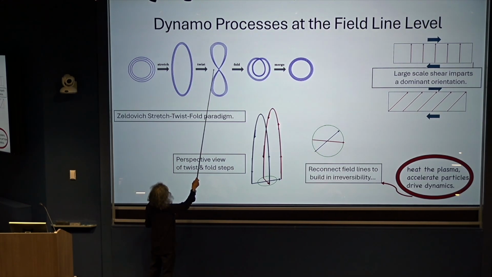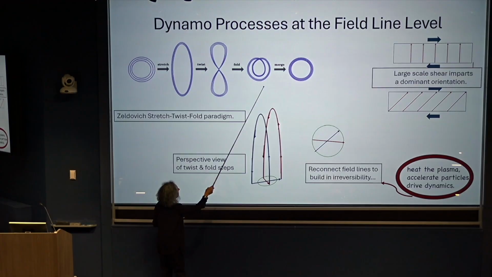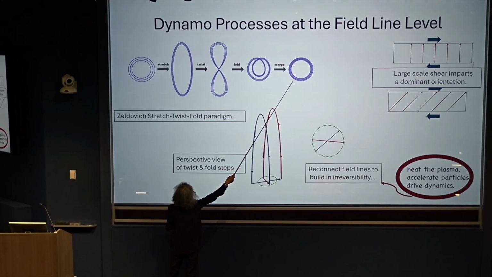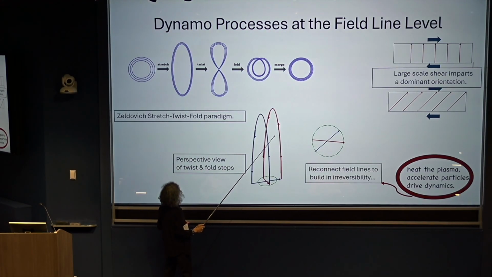Then we take the twisted loops and we fold them over each other. And then there has to be some kind of snipping process that builds in irreversibility so that this cycle cannot go backwards. We're left with a field that's stronger than the one we started with. So that's the Zeldovich stretch, twist, fold paradigm.